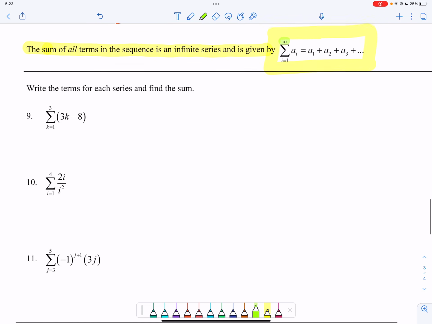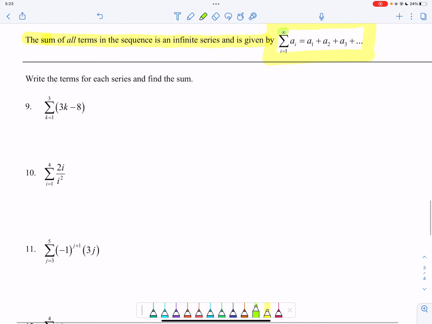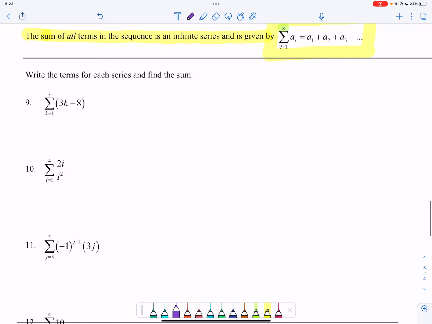Here we're going to write the terms for each series and then find the sum. So here we want to go ahead and have 3 times 1 minus 8. Now remember, this sigma notation is summation plus, and we started with 1 and we'll have to go to 3.